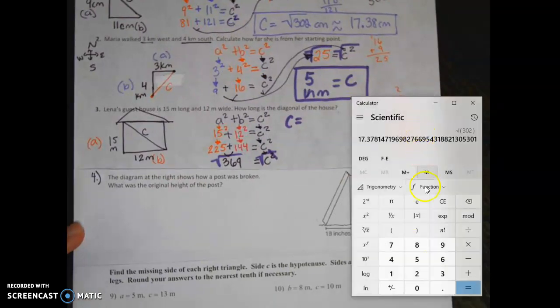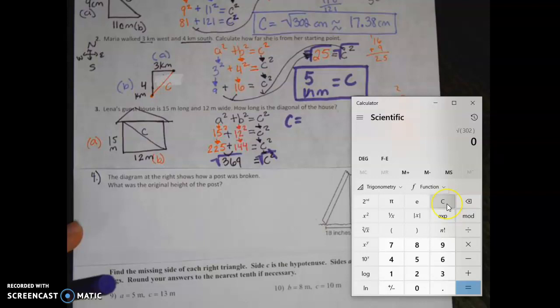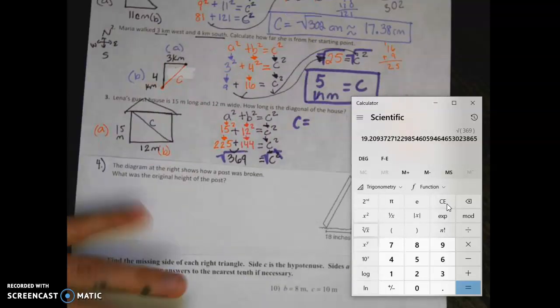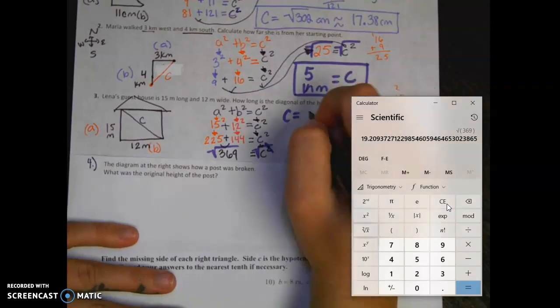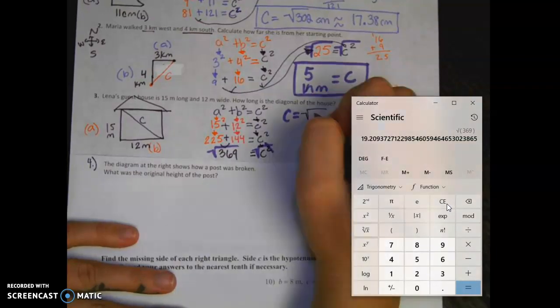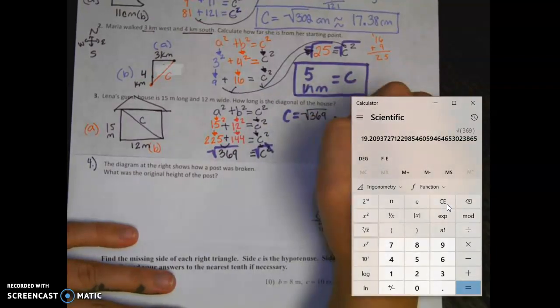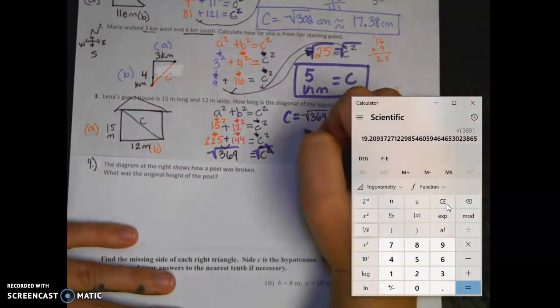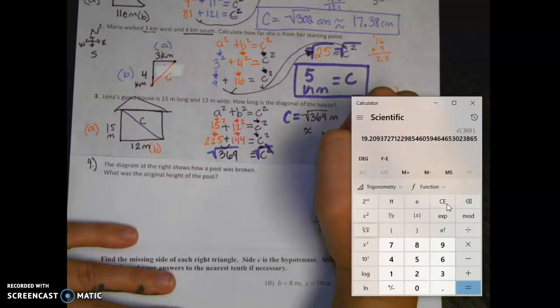Let's pull up our trusty calculator. Okay, so I have 369, the square root. So it's not a perfect square, which is fine. So I'm going to leave it as the square root of 369 meters, which is approximately 19.21 meters.